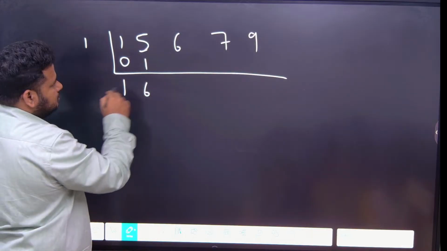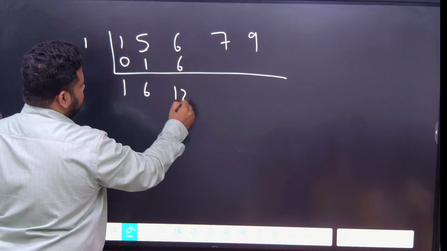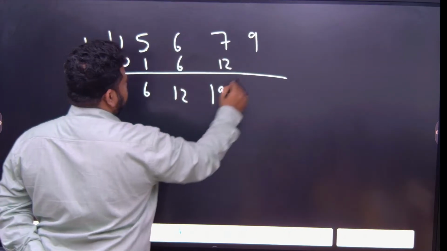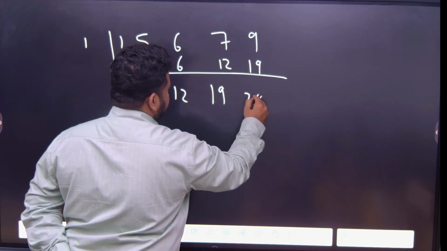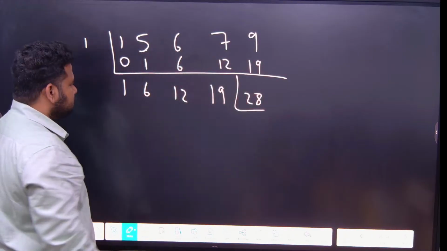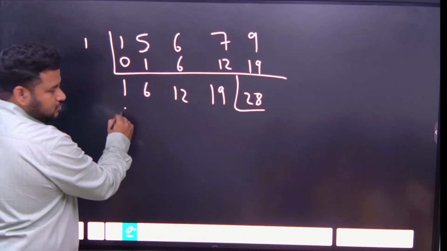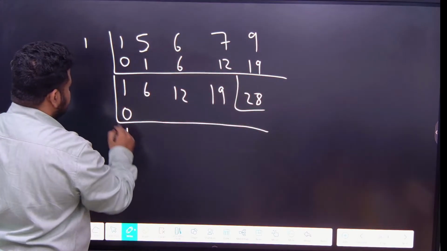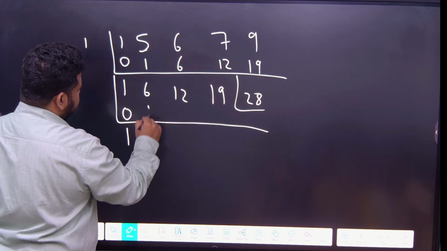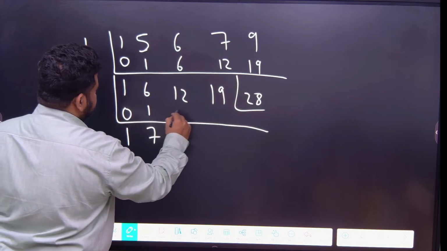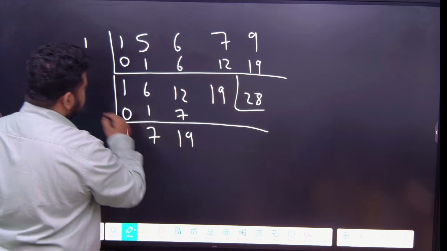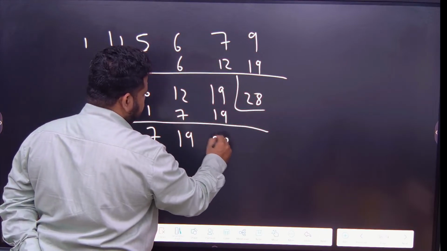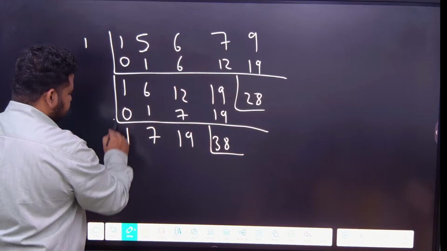We have to add 6, 12. 12, 19. 19, 28. Leave it as it is. Next again 0. It will be 1. 1, 7, 7, 19, 19, 38. Leave it.